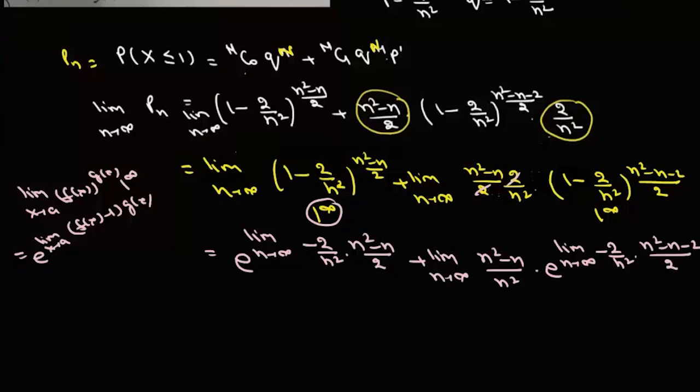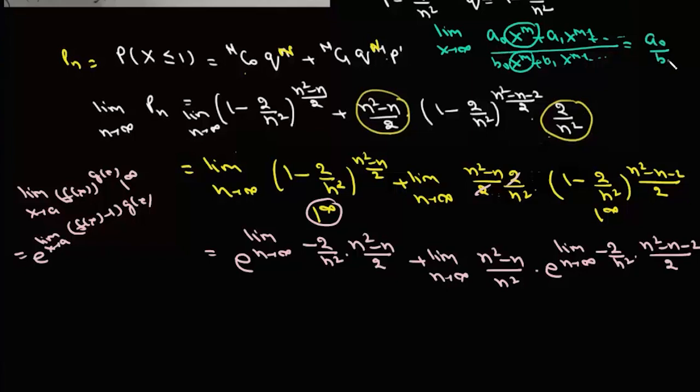Now the second concept in limits that we are going to use is, if we have an infinite limit and if we arrange these polynomials in decreasing power of x, this limit will have a non-zero finite answer if and only if the highest power of x in the numerator and denominator is the same. Then in that case, the answer to this limit will be the ratio of the coefficients of the highest power. So there will be a naught upon b naught.